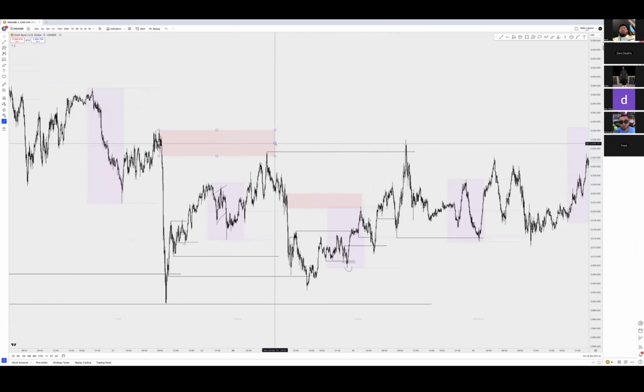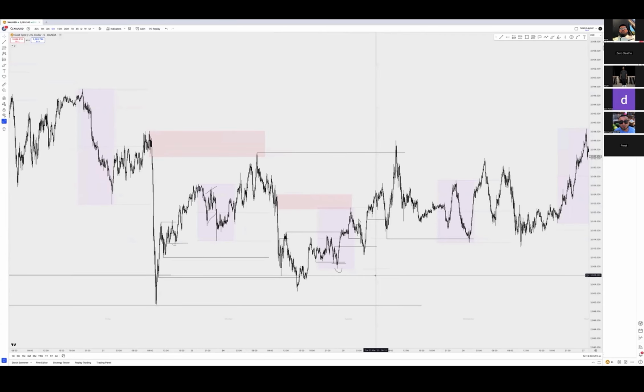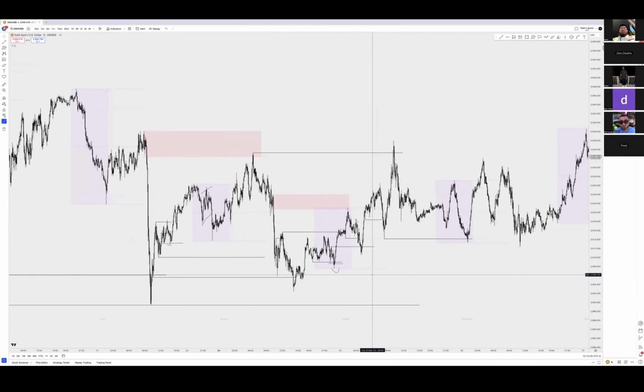Number one, high gets taken out. You got this liquidity below here. But if you're unsure, you should be staying out, right? We're here to take clean setups, obviously. The most probable setups.